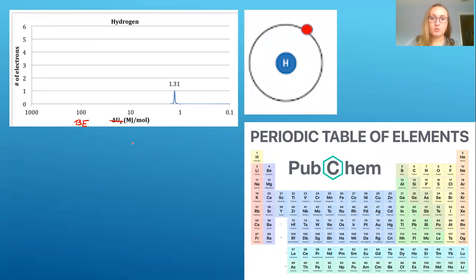So we see that we have 1 electron that has a binding energy of 1.31 megajoules per mole. Being able to read the numbers is not important. The key thing you have to notice though is that the x-axis is number 1 on a logarithmic scale, and number 2, it decreases.